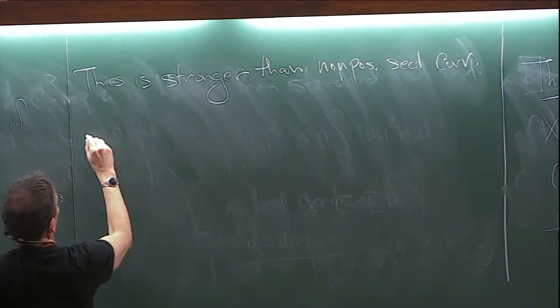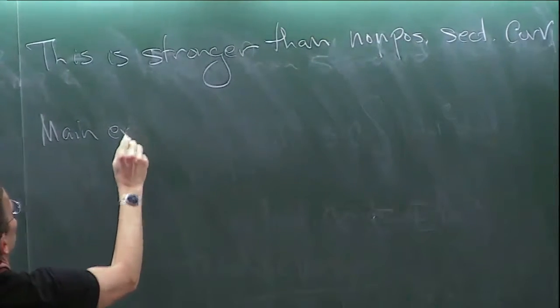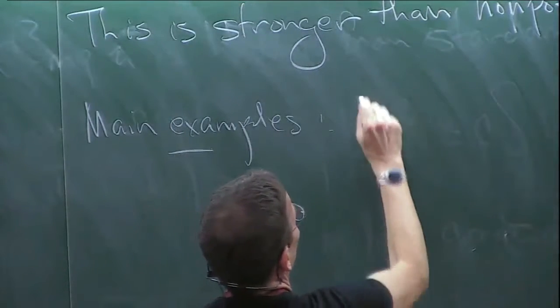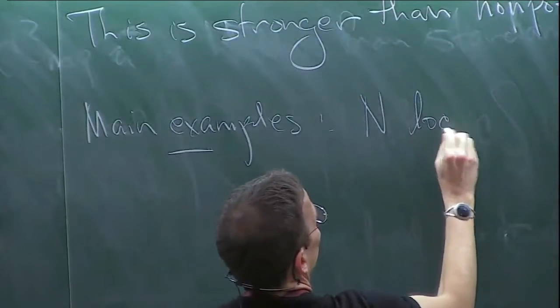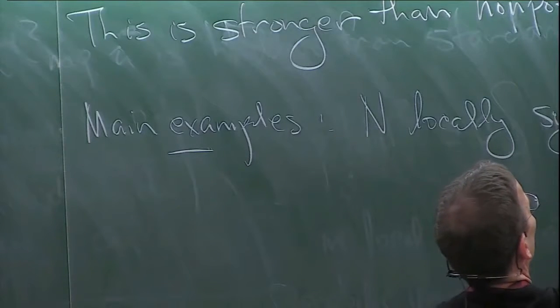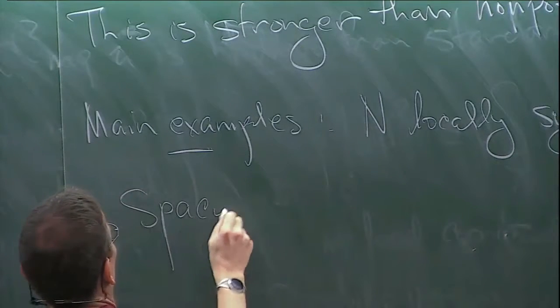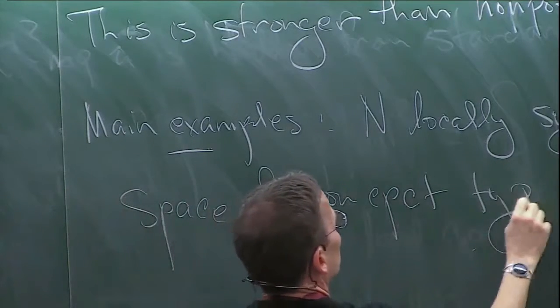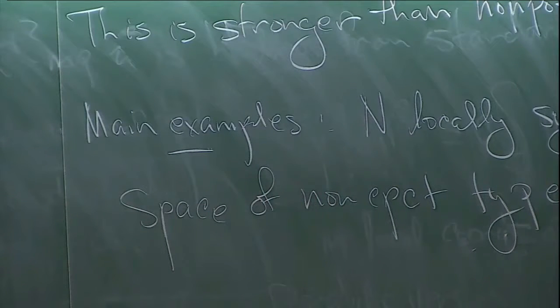But the main examples for us are when N is a locally symmetric space of noncompact type. These will be the relevant target manifolds for harmonic maps in the non-abelian Hodge correspondence, and those manifolds always have non-positive complexified sectional curvature.